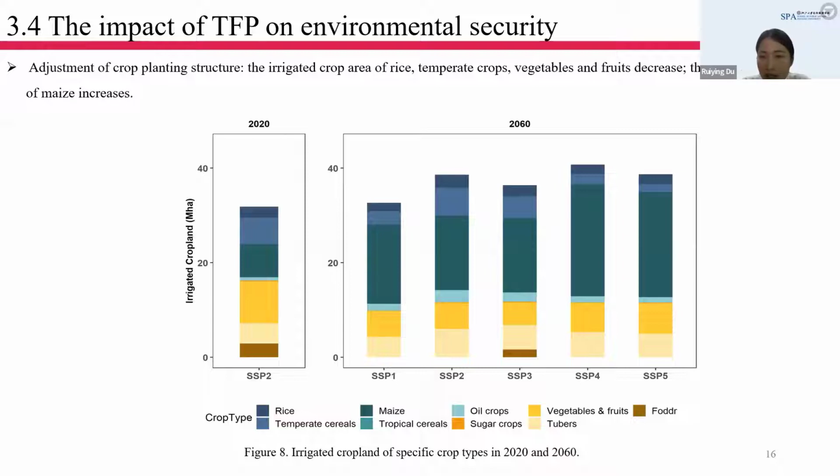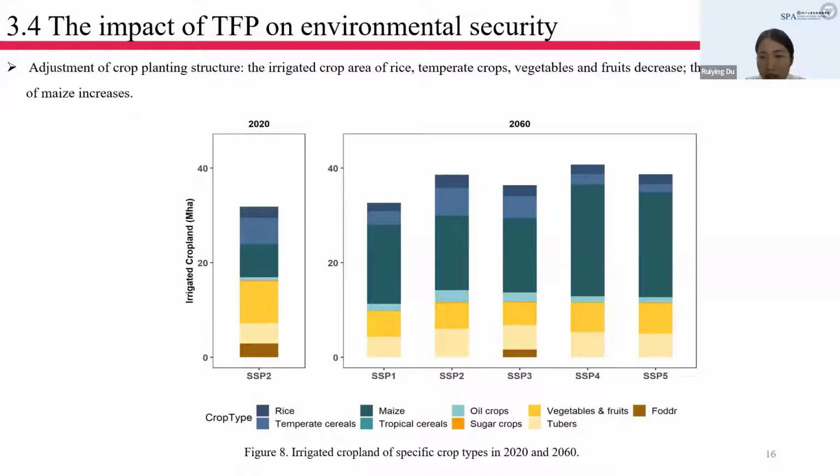As we can see, rice, temperate crops, tubers, vegetables, and fruits account for a large amount of irrigated arable land, about 93% of the total.